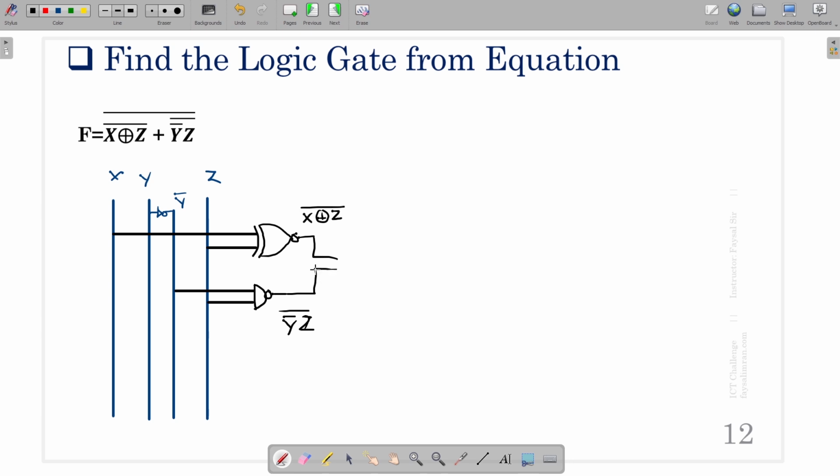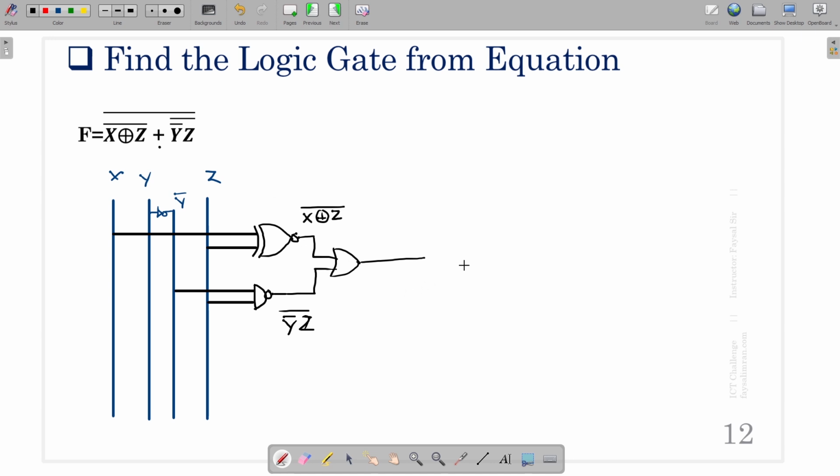So we have a question: if I don't get this add, if I get multiplication, what will we do here? We just put here an AND gate, okay? But if I have this plus, that means we have to place here an OR gate. If I have multiplication, that means we have to place here an AND gate, okay?